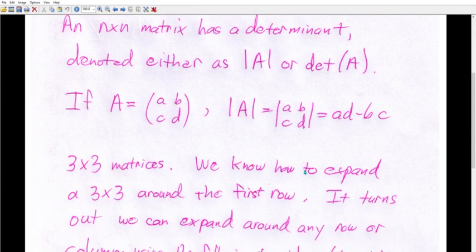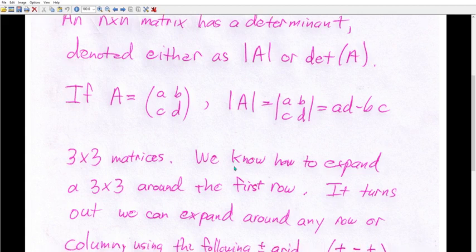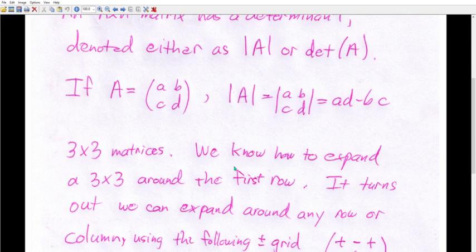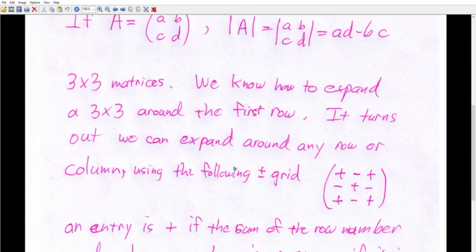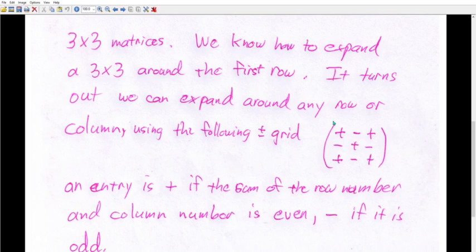For 3 by 3 matrices, we know how to expand a 3 by 3 around the first row, and one can always do that, but it turns out that you can expand around any row or any column using the following plus or minus grid, which you'll see is plus minus, plus minus, plus minus, etc.